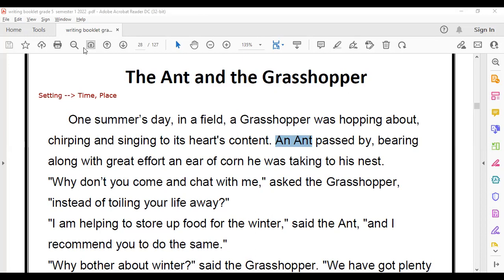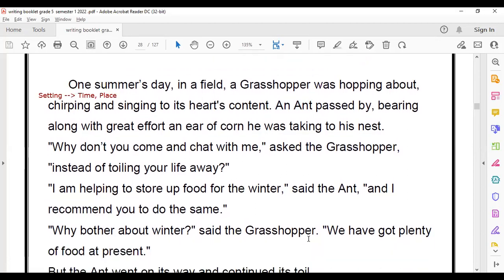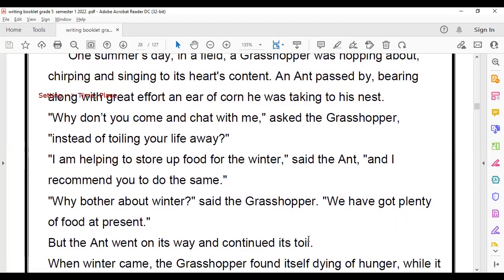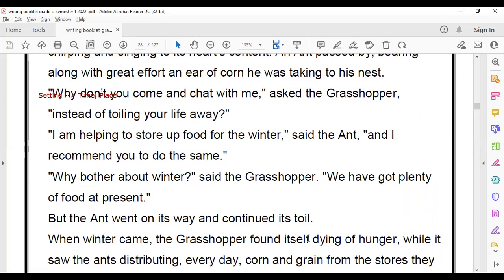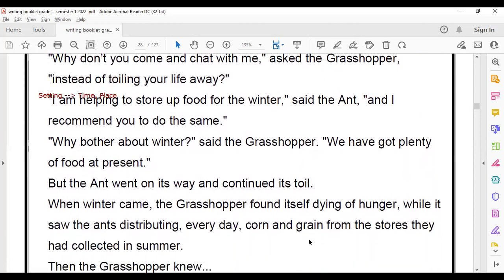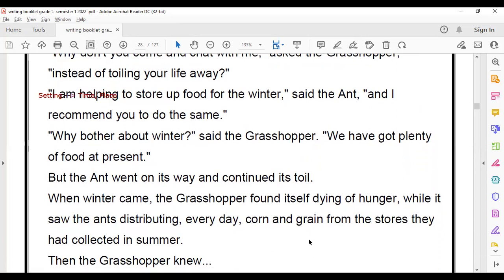Why don't you come and chat with me? asked the grasshopper. Instead of toiling your life away, I am helping to store up food for the winter, said the ant, and I recommend you do the same. Why bother about winter? said the grasshopper. We've got plenty of food at present. But the ant went on its way and continued its toil.